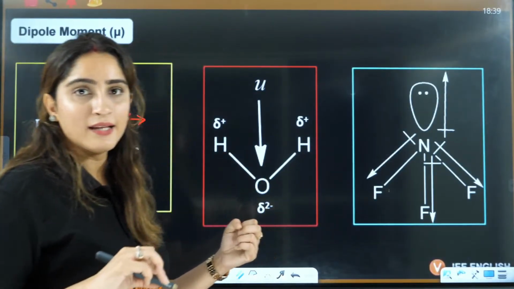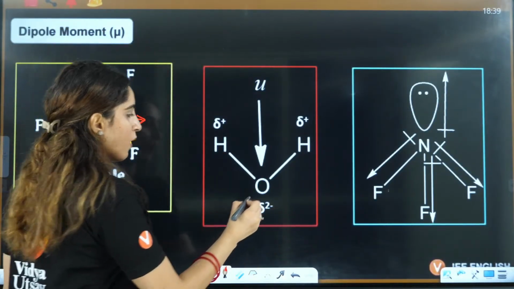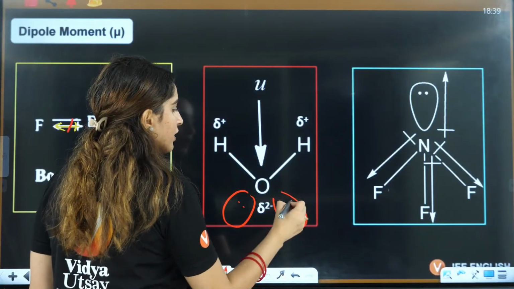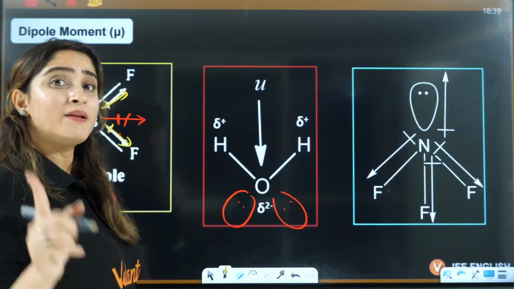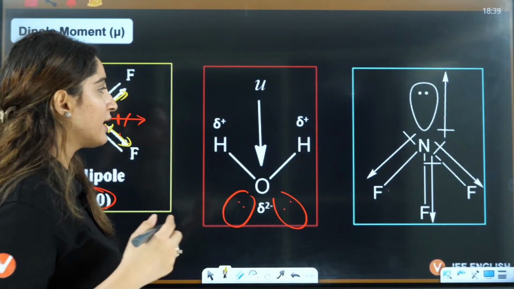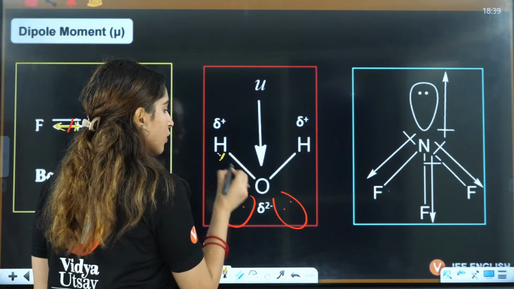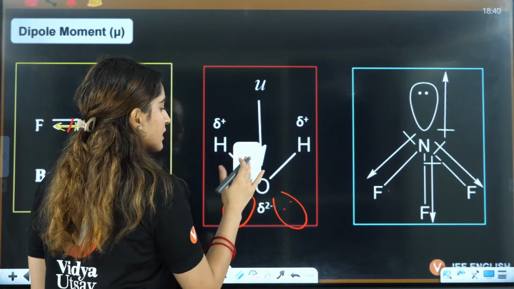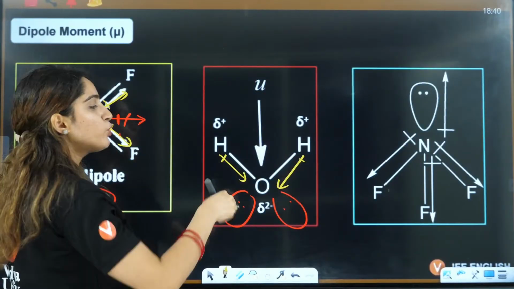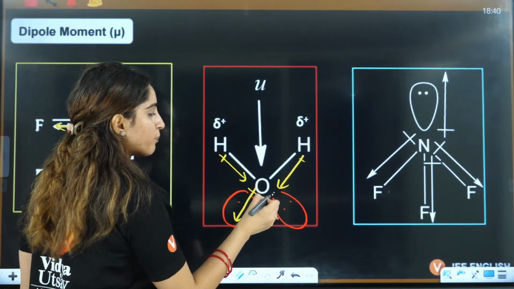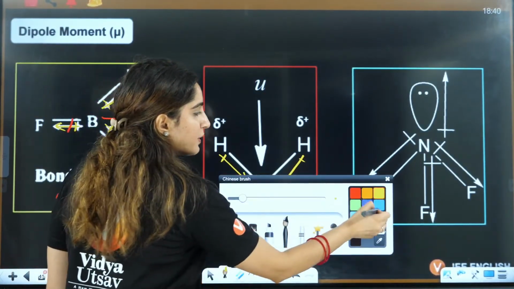Just like here in case of water, you will have one lone pair here, one lone pair here, right? So it is from less electronegative to more electronegative, okay? Less electronegative to more, less to more. Then atom to lone pair, atom to lone pair. So what will happen here?